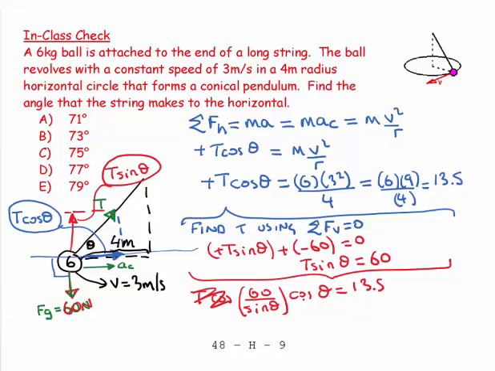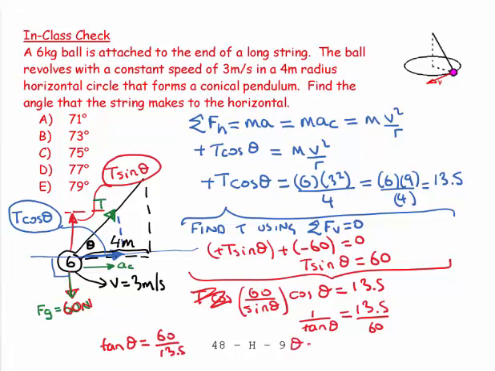So cosine theta is going to be adjacent over hypotenuse, and sine theta is going to be opposite over hypotenuse. So this is 1 over tangent theta, because it's adjacent over opposite, is equal to 13.5 over 60. So that gives me, I'm running out of space, that gives me tan theta is equal to 60 over 13.5.